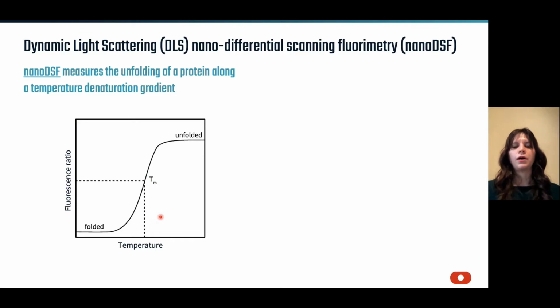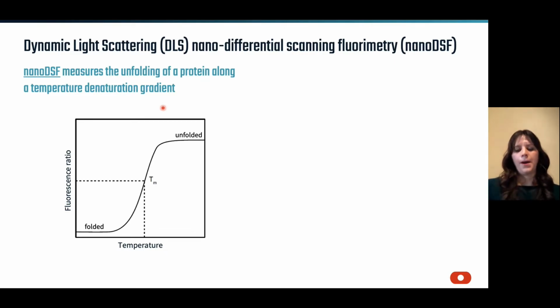The next two techniques I'd like to address are ones that we at NanoTemper offer, and they're dynamic light scattering and nano-differential scanning fluorimetry. So nano-DSF is similar to the extrinsic fluorimetry that I just mentioned, but it uses the intrinsic fluorescence of your protein.